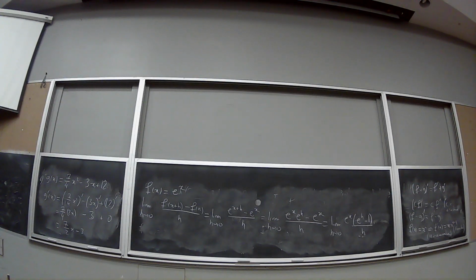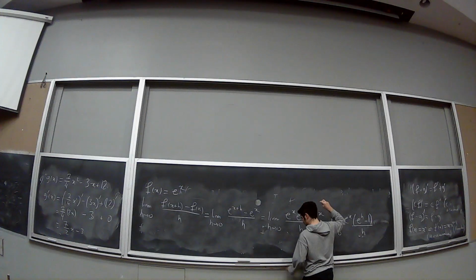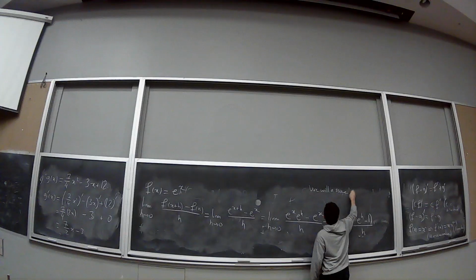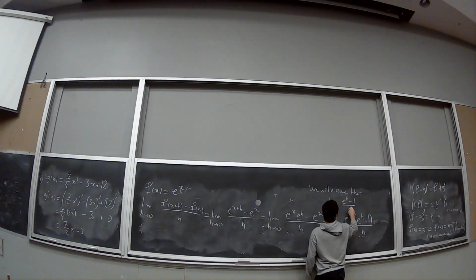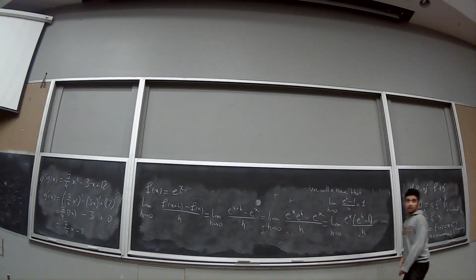Does e to the x matter in the limit? No, e to the x doesn't matter in the limit. What is the thing that matters? It's e to the h minus 1 over h. Now we'll take this for granted: we will assume that the limit as h approaches 0 of e to the h minus 1 over h is 1.